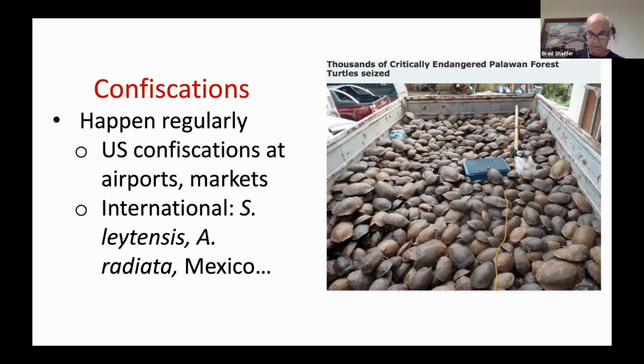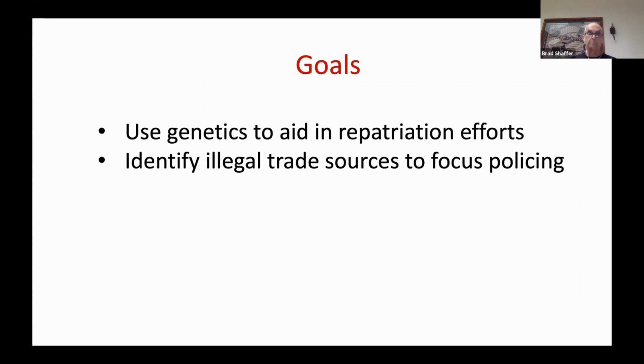It's a problem. And as JJ pointed out, we need to think about not just those confiscations, but also what to do with those turtles and tortoises and how to put them back on the landscape. And so what I want to talk about today, as JJ did, is using genetics to aid in those repatriation efforts, but also recognize that it's not just the repatriation efforts, it's also identifying where those illegal animals came from.